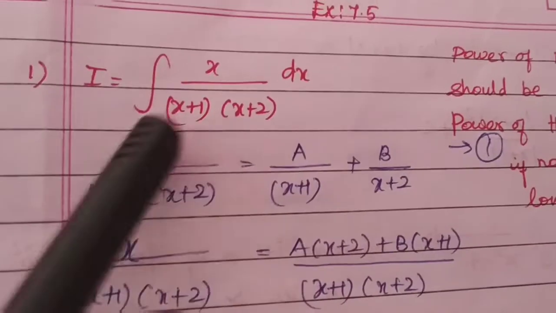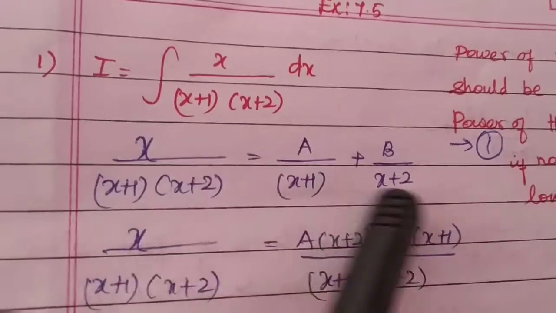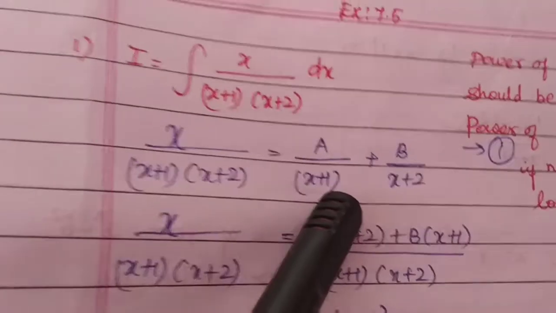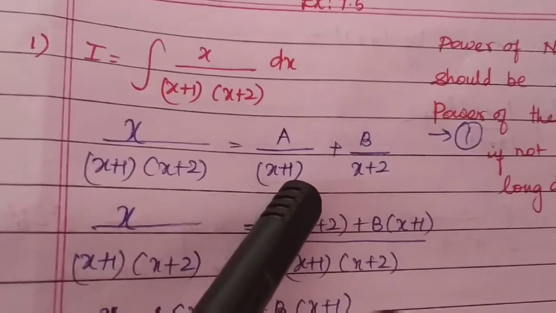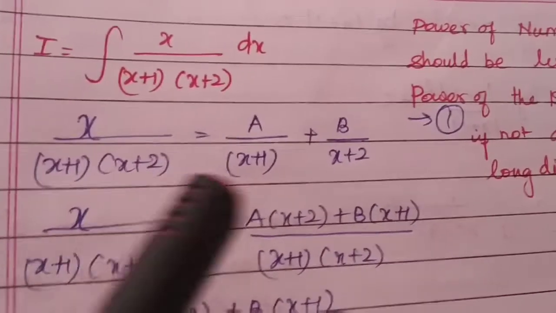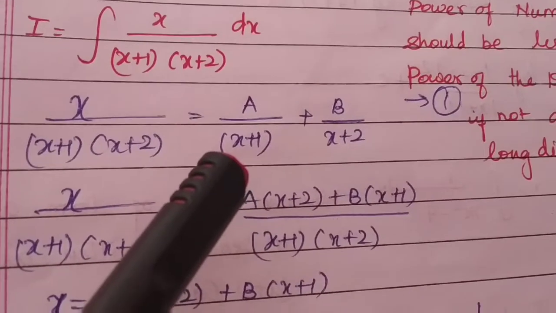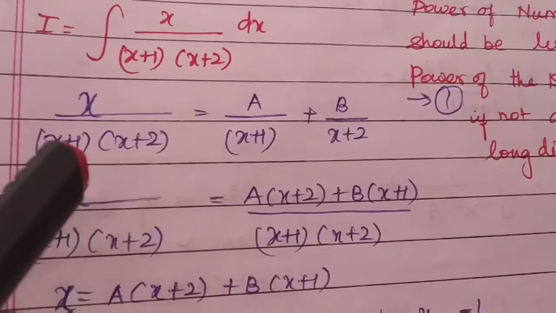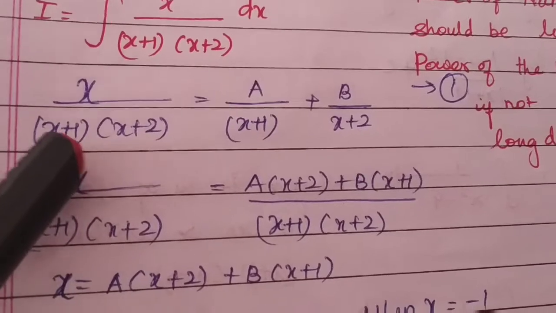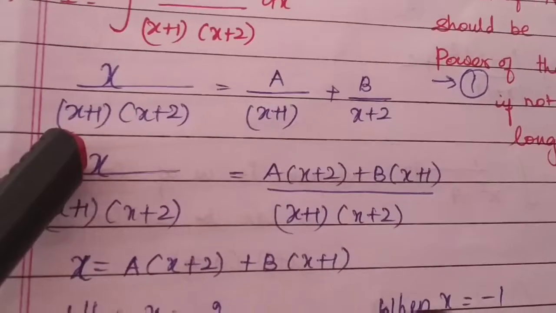That means you are going to split this term into two different terms such that it will be easy for us to integrate. And then after that you need to take LCM to find out the values of a and b. Always the left hand side denominator will be your LCM.